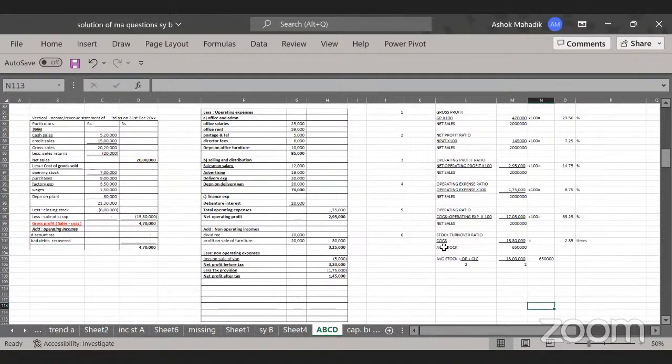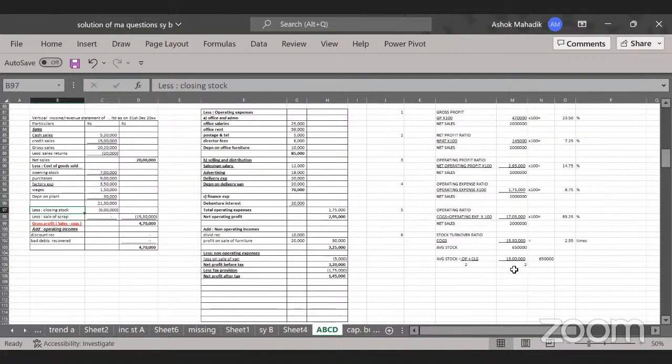Okay, then the most important ratio in income statement ratio is stock turnover ratio. Formula is COGS upon average stock. COGS value we saw, it is just above GP. How to get average stock? By opening stock plus closing stock divided by 2. In COGS, you will find both these values, opening as well as closing.